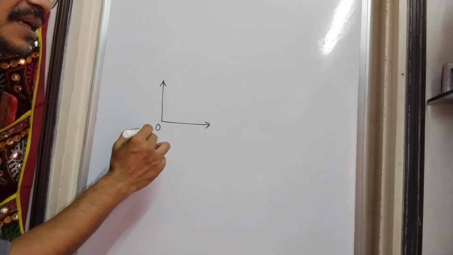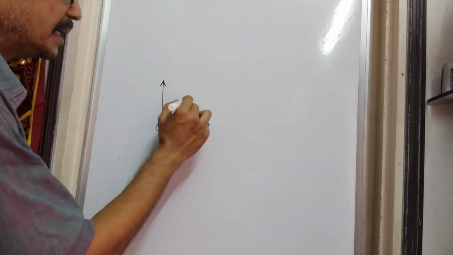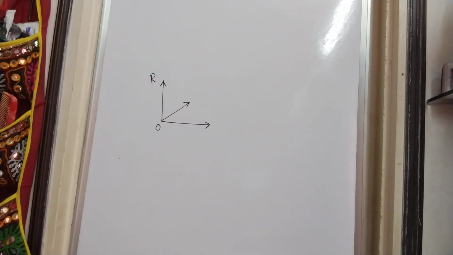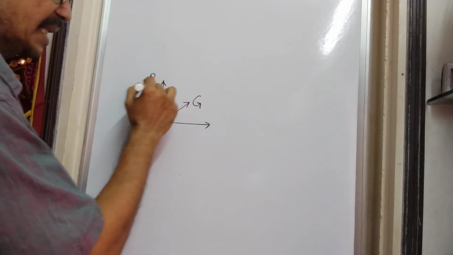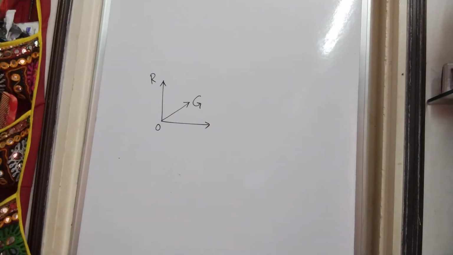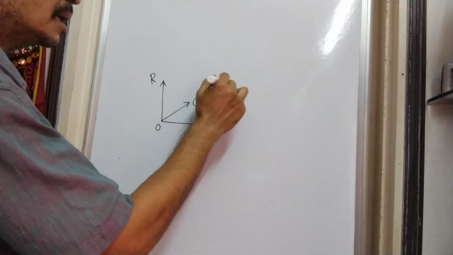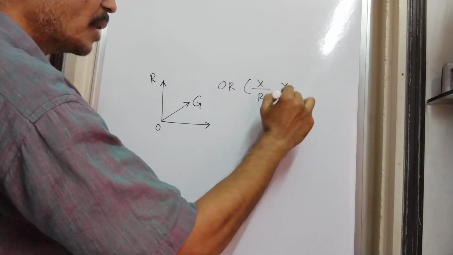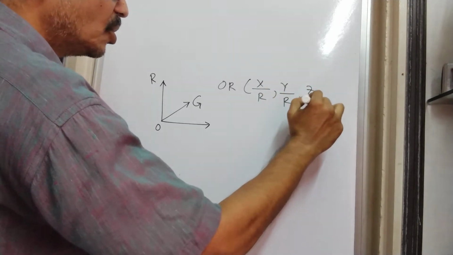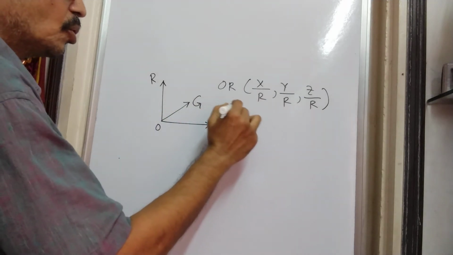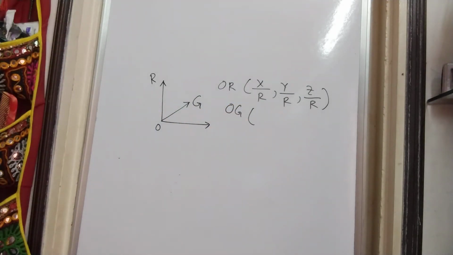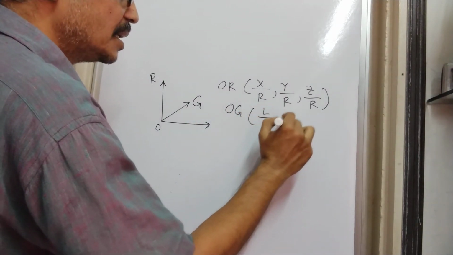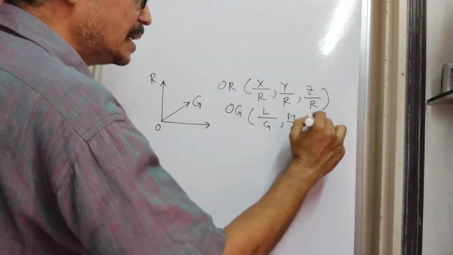This is origin, and we have a resultant force R and a resultant couple G. This OR has direction cosine capital X by R, capital Y by R, and capital Z by R, while this resultant couple has the axis with direction cosine L by G, M by G, and N by G.